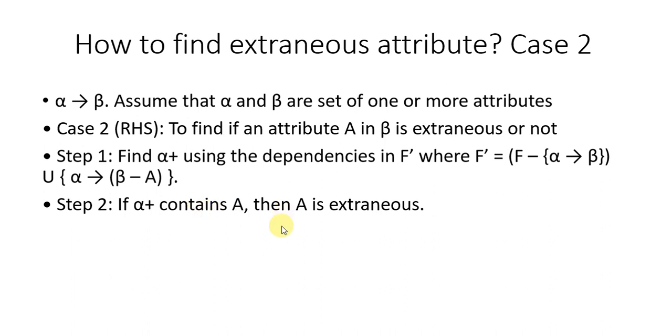F dash is derived from F by removing this alpha to beta and adding alpha to beta minus A. And we are checking whether the closure alpha plus contains A. If it does, it means that A is extraneous. Okay, so let's see an example for that.